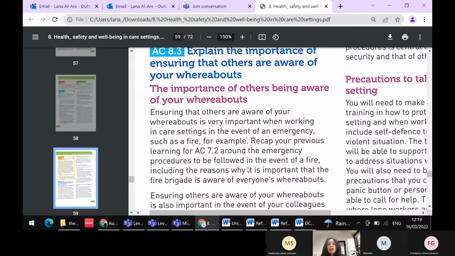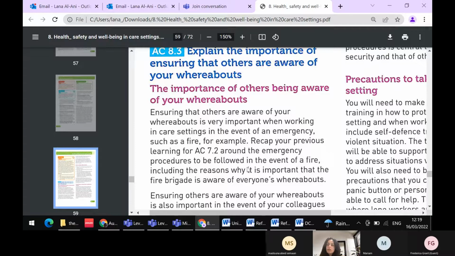One of the clients asked me to bring some tomatoes or some food for her. So I can't just leave the setting without informing someone. I need to make sure my manager knows, or my supervisor, or one of my colleagues. There is someone I need to report to. Why?